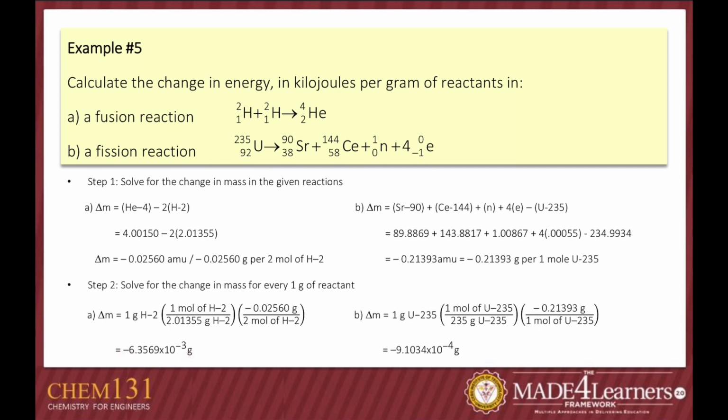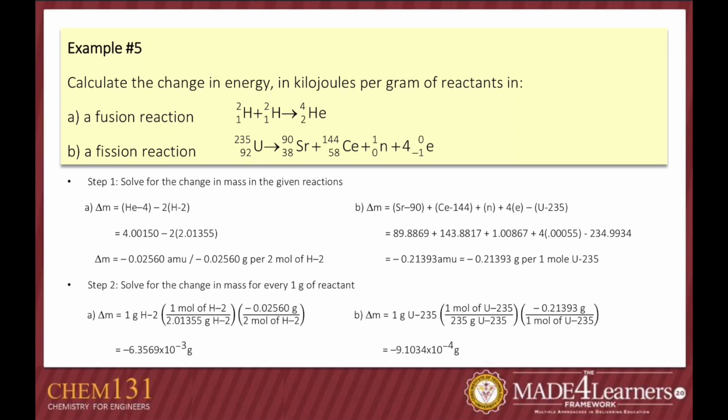Same with fission, you just subtract: product minus reactant. The sum of the nuclear mass of strontium-90 plus cesium-144 plus the mass of a neutron plus 4 beta particles, minus the nuclear mass of uranium-235. We get a change of negative 0.21393 grams per 1 mole of uranium-235 undergoing fission.